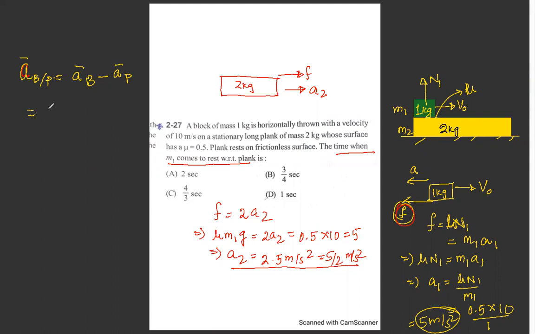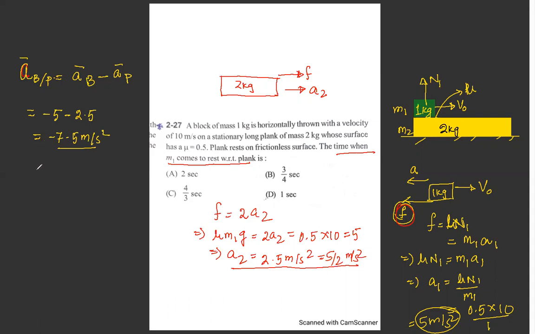What is the acceleration of the block? That is A1, in the backward direction. So we can write AB minus AP. That is minus 5 minus the plank moving in the forward direction, 5 by 2, that is 2.5. If I just write the magnitude, it is coming out to be 7.5 meter per second square.